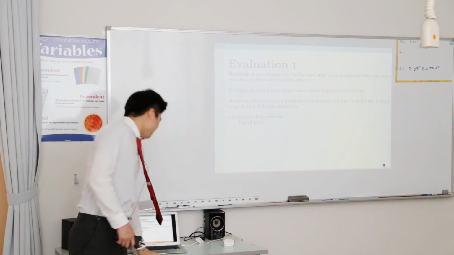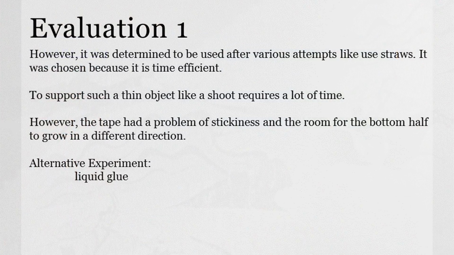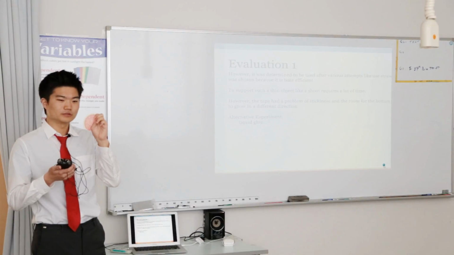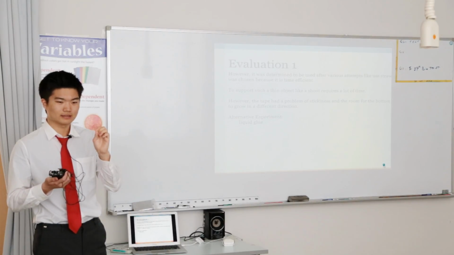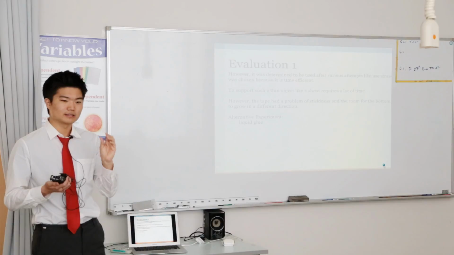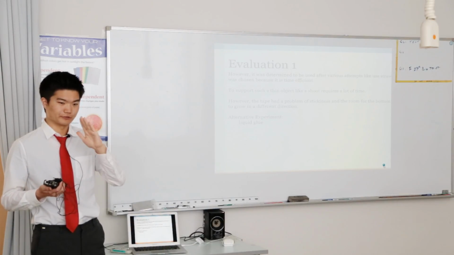Although my research showed a significant difference, my experiment was not so efficient, so I thought of different ways to conduct the experiment. One is to use glue rather than tape, because with tape, although I tried a lot, it forms some kind of gap between the plant and the tape, which makes the bottom part grow in a different direction.